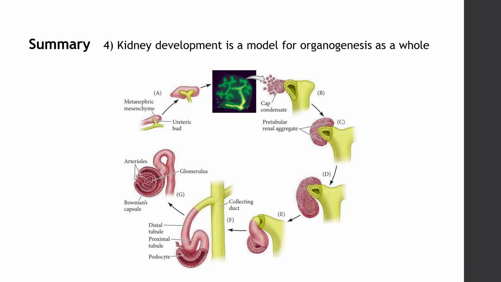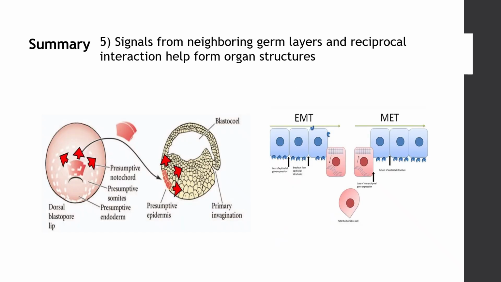We also talked about kidney development as a model for organogenesis as a whole, and in this case of reciprocal induction. And finally, we talked about the importance of signals from neighboring germ layers and reciprocal interactions to help form organs and structures. And we not only did that, we talked about how these produce different cell behaviors like the EMT and the MET.